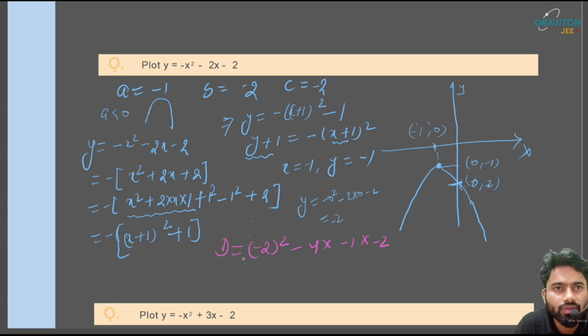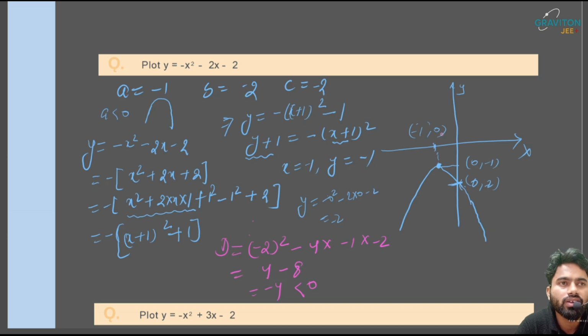So basically this will be -4 and this will be 4 into 2 into 8. So basically you have 8, and this will be -4, that is a negative quantity. So from here you can also conclude that it has no real roots.